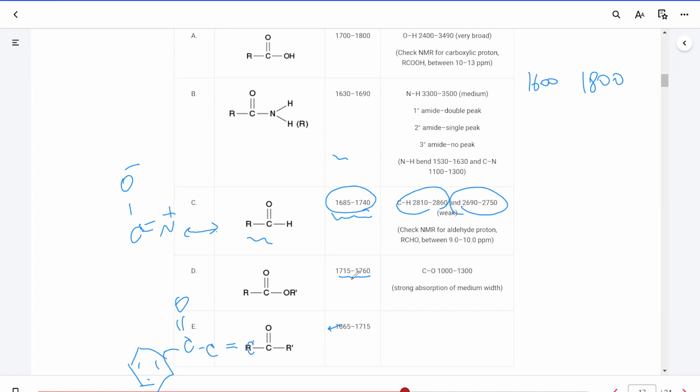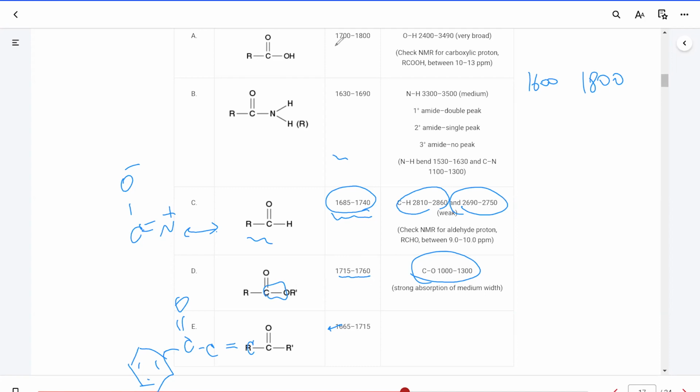For ester, there is one peak around 1,730 to 1,740, and another peak for the C-O single bond around 1,100, or a number between 1,000 and 1,300, depending again on whether there's an electron withdrawing group next to it. This peak is going to be strong because it's a polar bond as well.